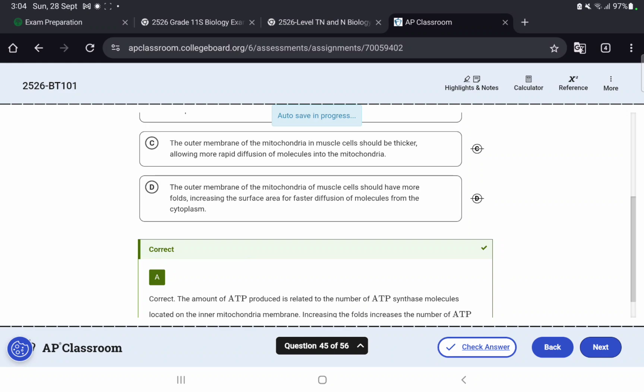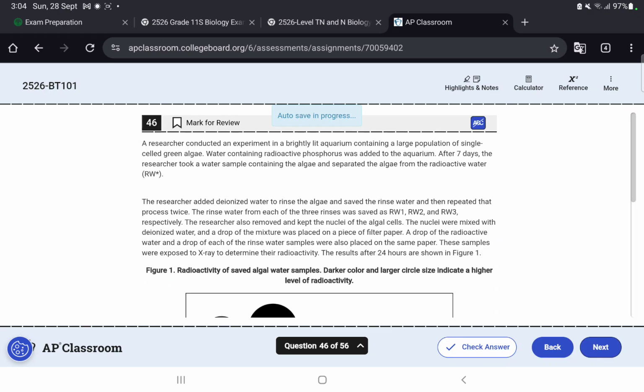Faster diffusion is fine, but in the end, if you're a muscle cell, you need more ATP. It doesn't have anything to do with the diffusion. So increasing the folds in the outer membrane won't solve your problem. You have to increase the folds in your inner membrane to actually increase the production of ATP.